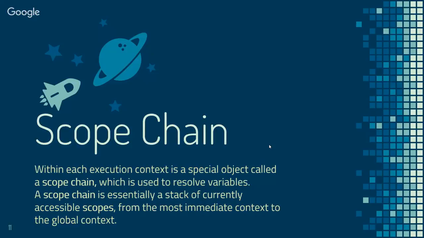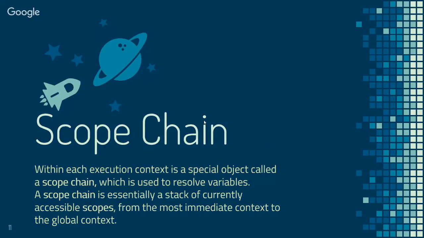This object is in fact the scope chain, which looks in all contexts to find the variable we're looking for. So the scope chain is just a plain JavaScript object that contains all the scopes that we're trying to access.